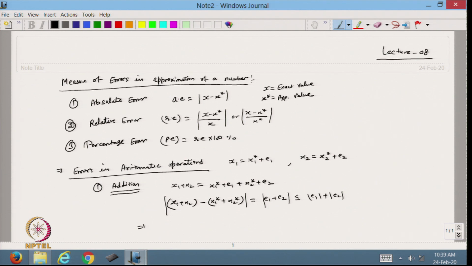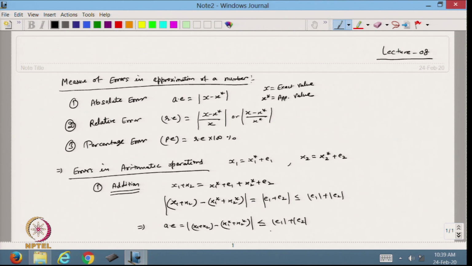From here I can say that the absolute error in the addition of the numbers x1 plus x2 is always less than or equal to the summation of the moduli of the corresponding absolute errors in x1 and x2.